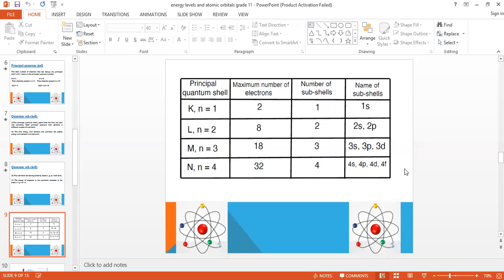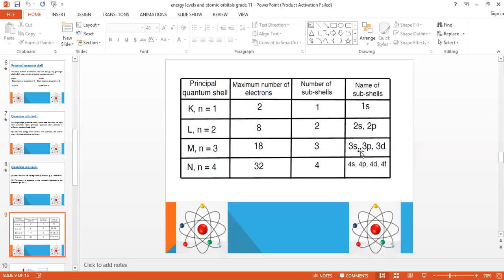Just before these, we put the numbers. How do we know these numbers? Before s, we wrote 1, 2, 3, and 4. How do we know? From the energy levels, from the value of n. See here n = 1, there is 1. Here n = 2, 2.